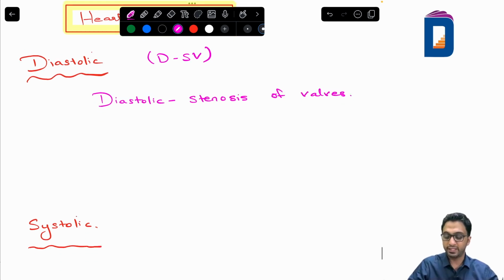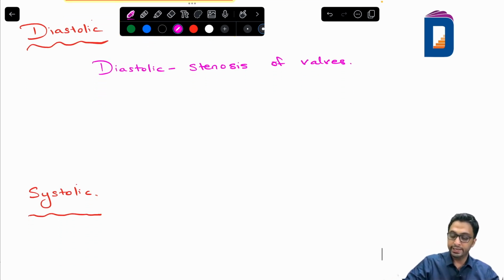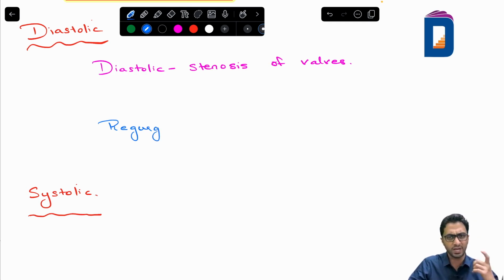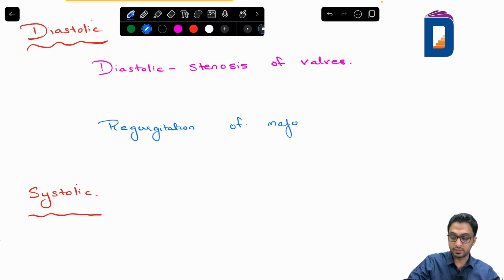If it is seen in the stenosis of the valves, it is also seen in regurgitation. There are two conditions, stenosis and regurgitation. The opposite of stenosis is regurgitation of the major vessels or great vessels, whatever you call it.